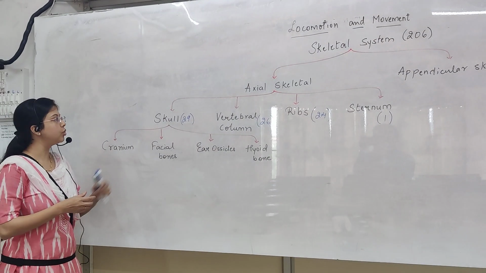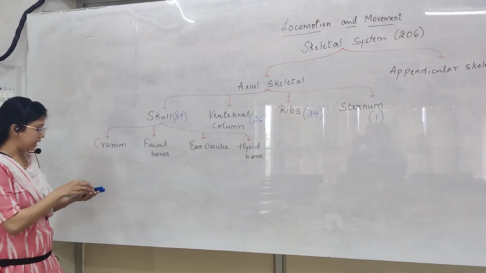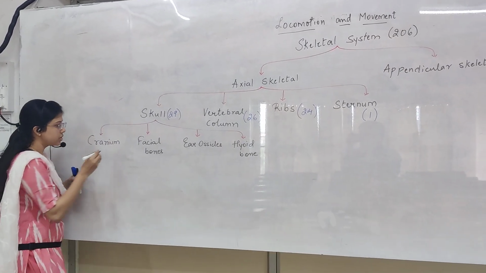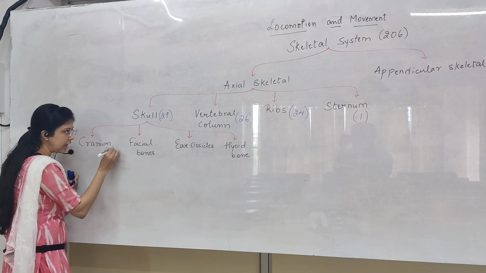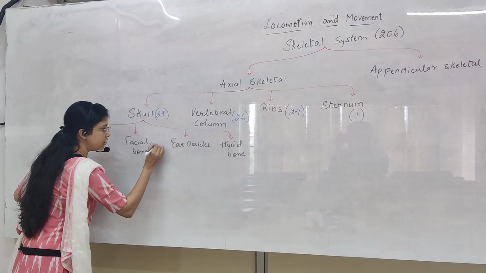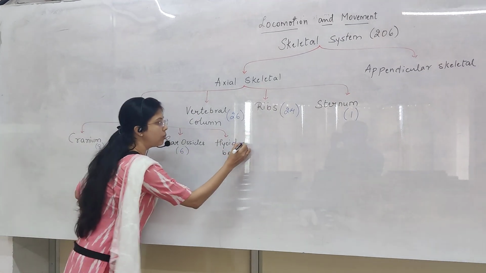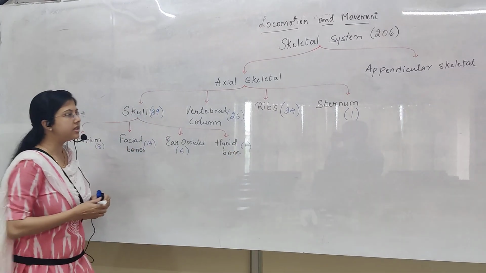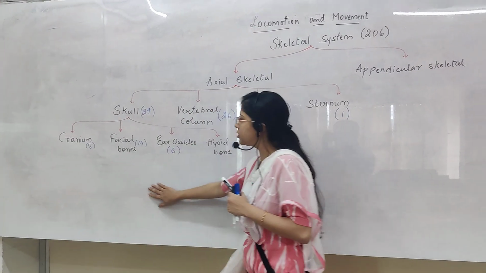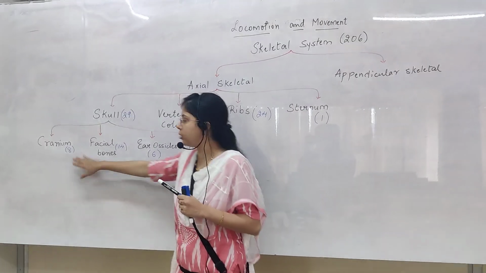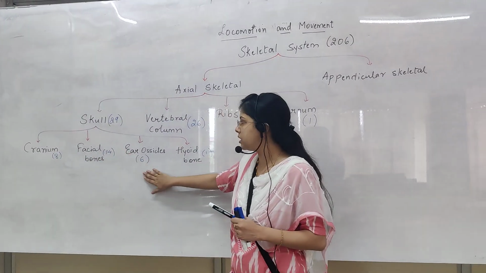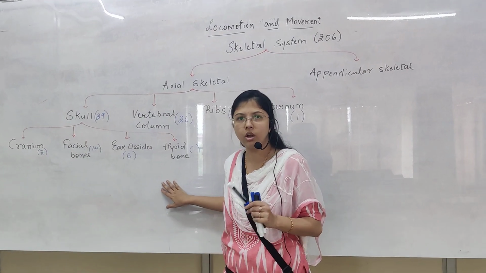This all will be included in the skull. Coming to the number of bones, cranium is 8 bones, facial 14, ear ossicles 6, and 1 hyoid. We will see the distribution of all these bones one by one.